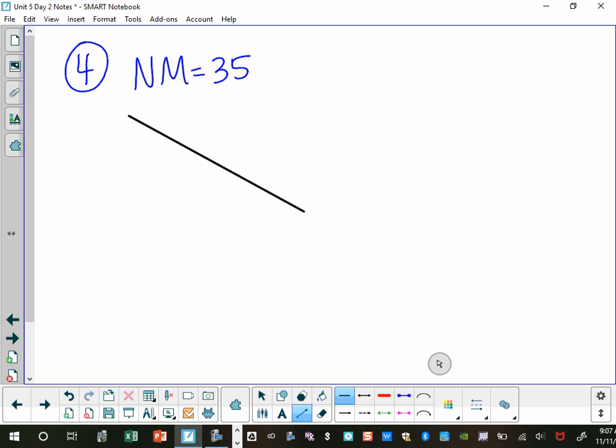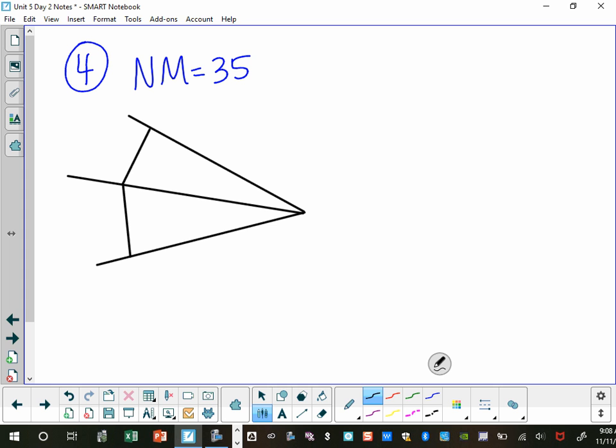I'm going to draw my picture to look somewhat like that picture. They have this picture that says find the measure of ABD.